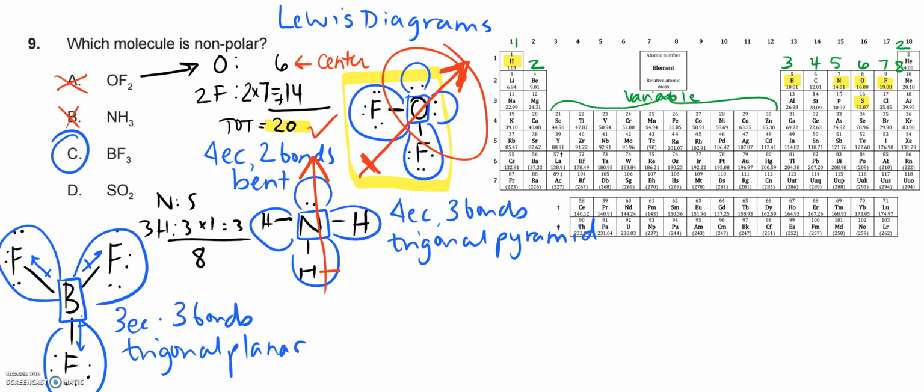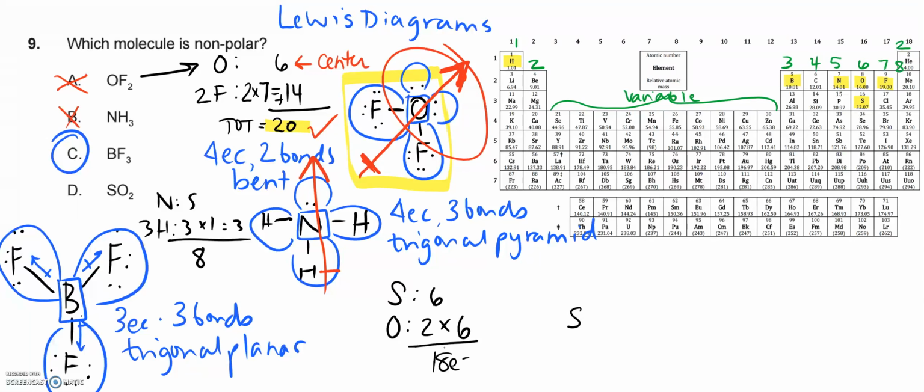Let's do a double check with SO2. Sulfur has 6. Oxygen, there's 2 of them, times 6. So we'll have a total of 18 electrons.